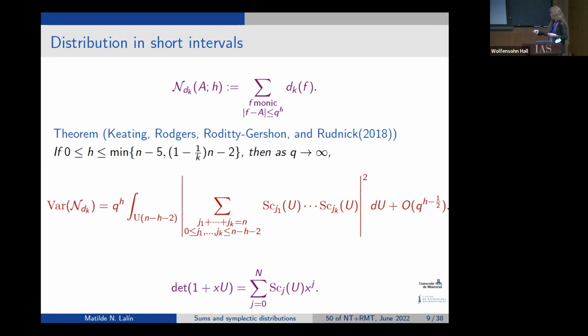What are the secular coefficients? They are the coefficients of essentially the characteristic polynomial with this normalization, 1 plus xU, where U is my matrix. And then we take the products of the secular coefficients such that the sum of the indexes is fixed to be n, so all the possibilities with the sum of the indexes fixed. And so that's the result they get.